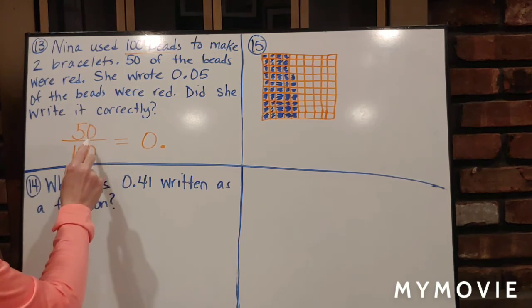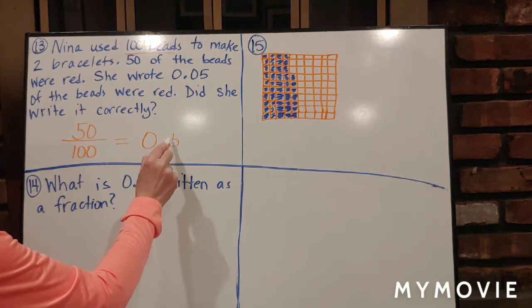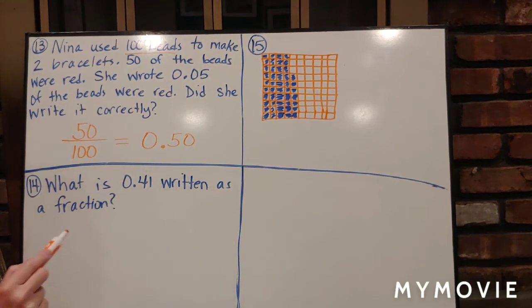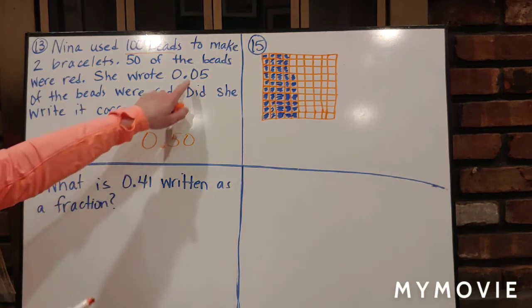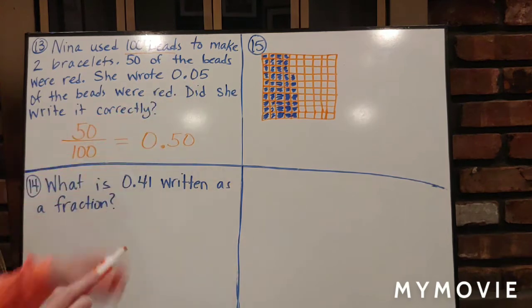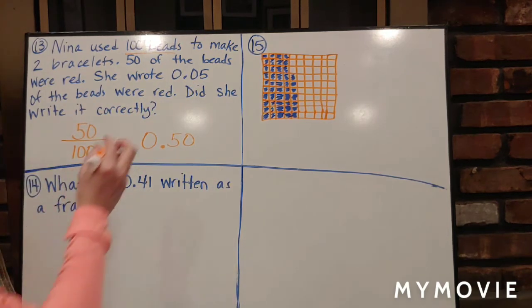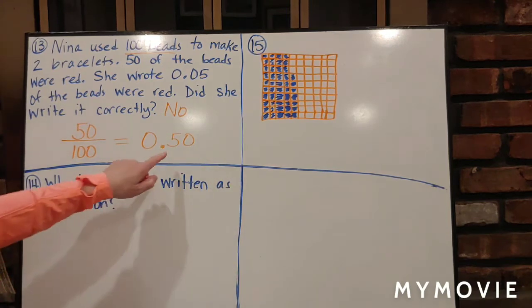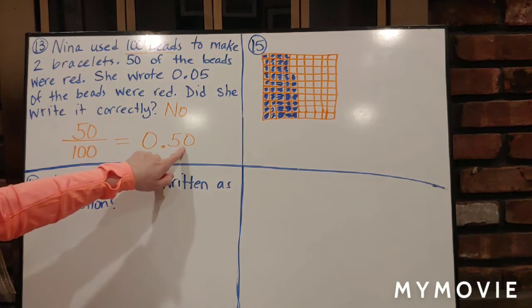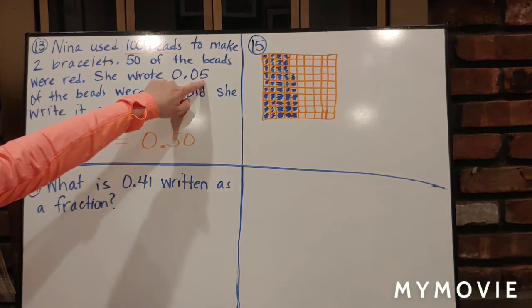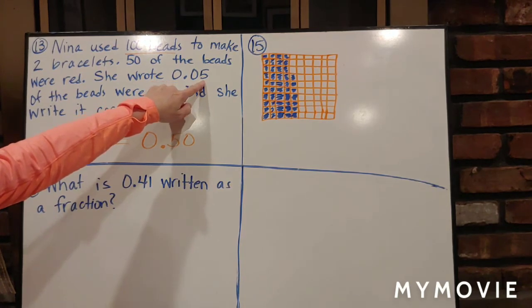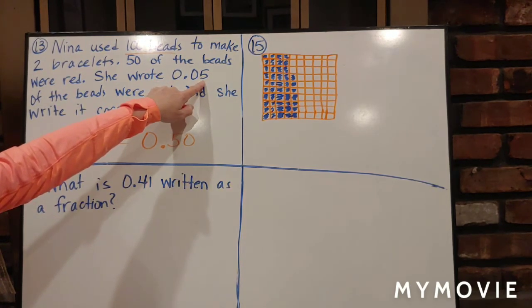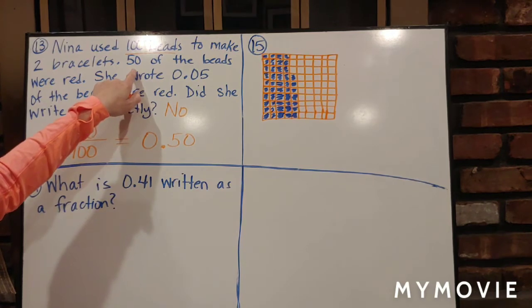And now 50 hundredths. Is this the same as this? No. So did she write it correctly? No. And then you have to explain why. She should have written this instead, 50 hundredths. This is 5 hundredths. That would only mean 5 of the beads were red, not 50.